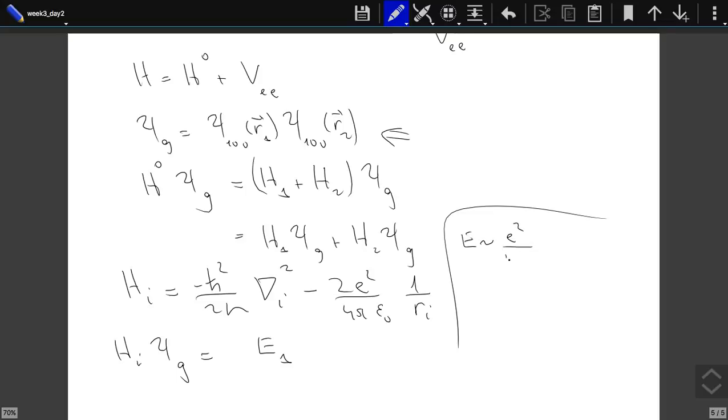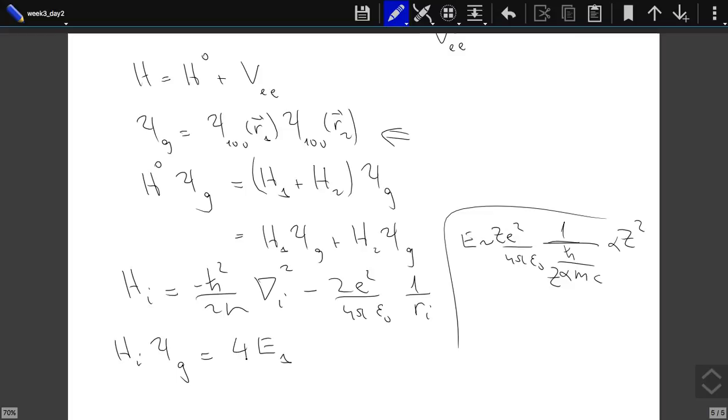It was e squared over 4 pi epsilon 0, Z times e squared over 4 pi epsilon 0, times 1 over the distance. The distance is the Bohr radius, and the Bohr radius is h bar over alpha mc. And alpha is again proportional to e squared, but we are replacing e squared with Z e squared, so it will be Z times alpha mc. So energy is proportional to Z squared.